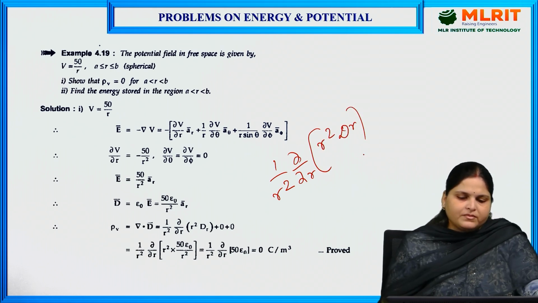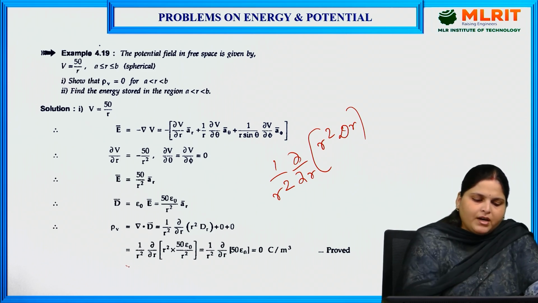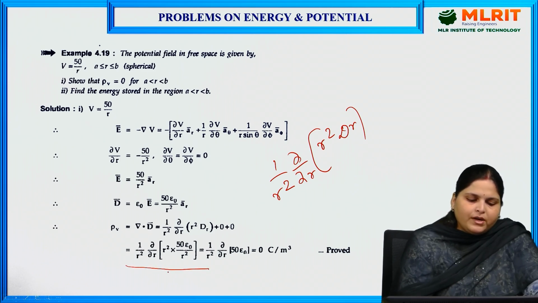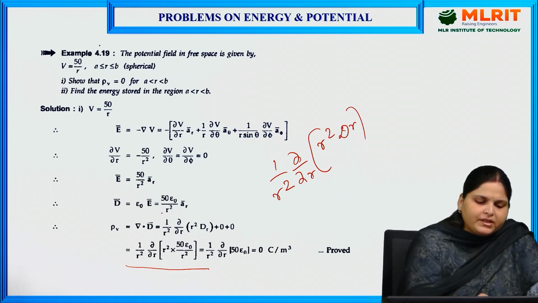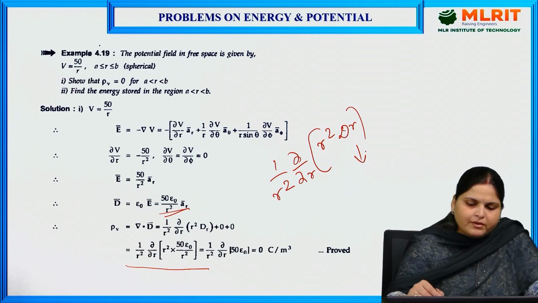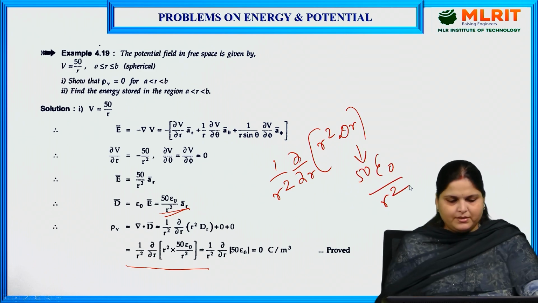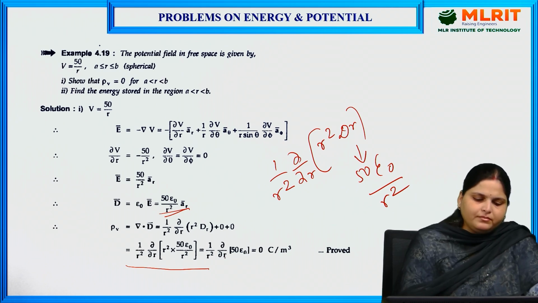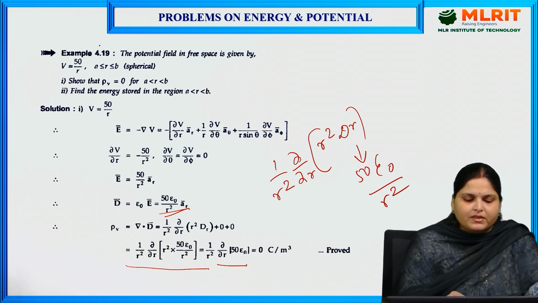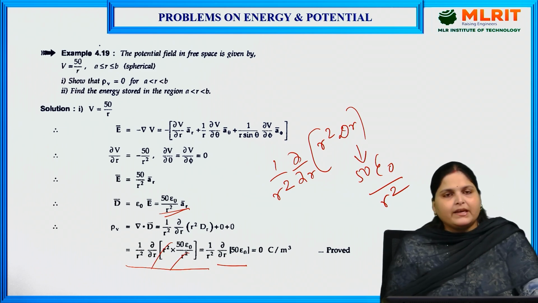right? And then when we solve it, we will get 1 upon r square ∂/∂r of r square times Dr. We know Dr, so in place of this we will put 50 epsilon naught upon r square, right? So when we solve it, we get 1 upon r square ∂/∂r of 50 epsilon naught, because the r square terms are cancelled.